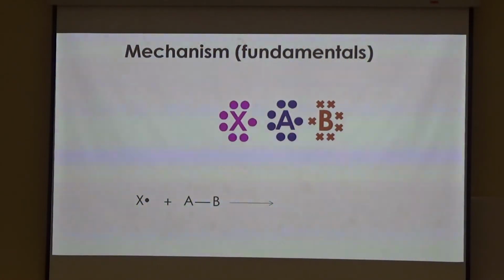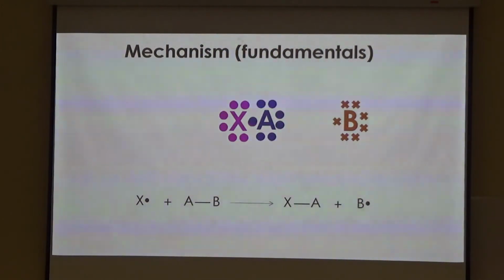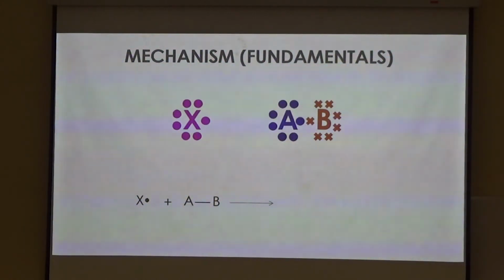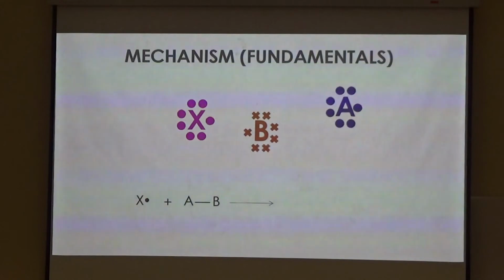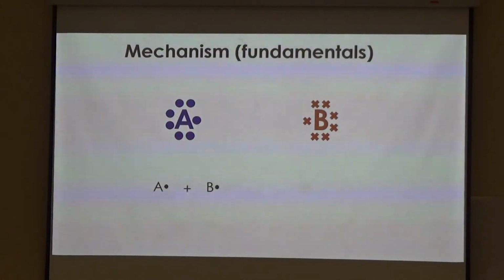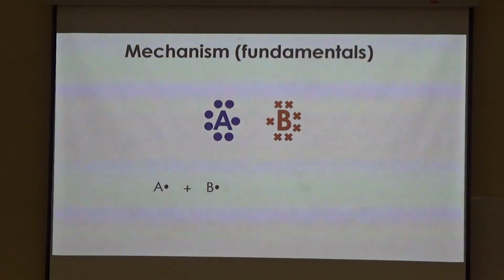You will have your XA, and then you have your free radical of B. And the last one, if I have this again, it can also be the B that forms a bond with your X, and then your radical will be your A. So if now I have two radicals coming together, what will happen? They will just form a bond.